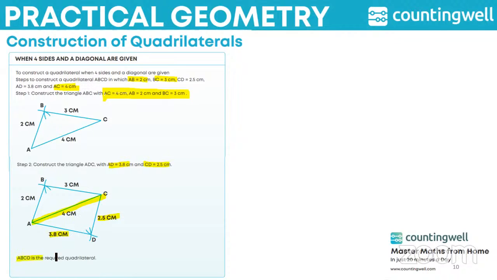So we have ABCD as the required quadrilateral. So whenever four sides and a diagonal are given, construct a triangle and one side of the triangle will become the diagonal of the required quadrilateral, and then we draw the other two sides taking the measures of the other two sides of that quadrilateral.